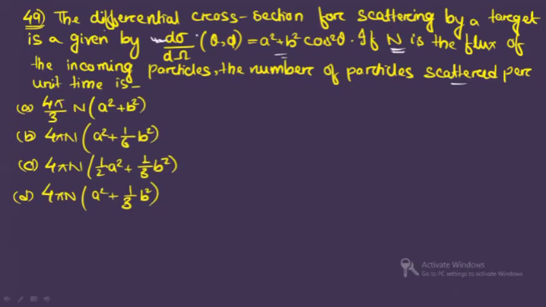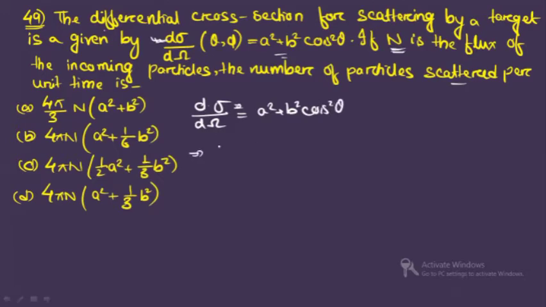So using this, first we will find the total cross section. We will find sigma from here. If you write from this particular equation, d sigma by d omega is equal to a square plus b square cos square theta. Clear?